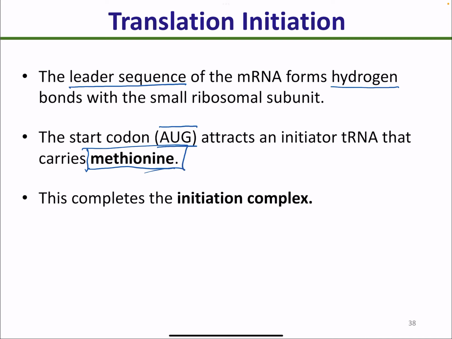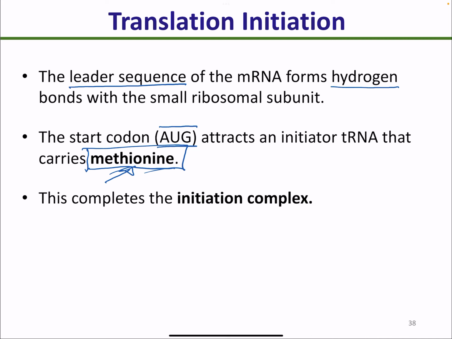Once you have the complex of messenger RNA, small subunit of the ribosome, and the transfer RNA that carries methionine, now the initiation complex is formed.